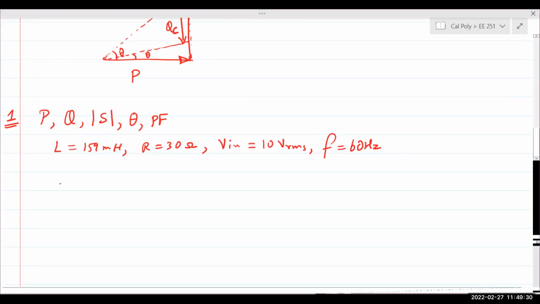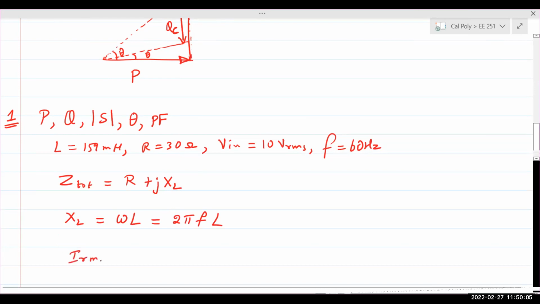The total impedance Z total would be equal to R plus JXL. And XL, of course, is omega times L, or you can write 2 pi F L. Once you have that total impedance from the XL, you find the magnitude of I RMS.